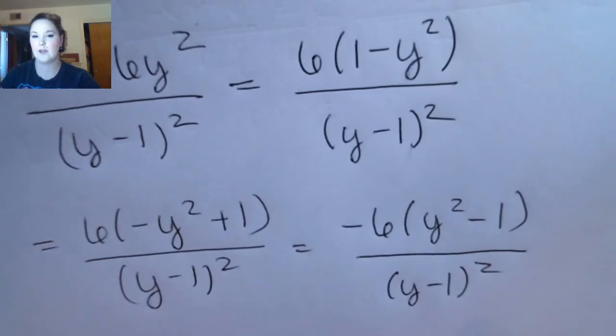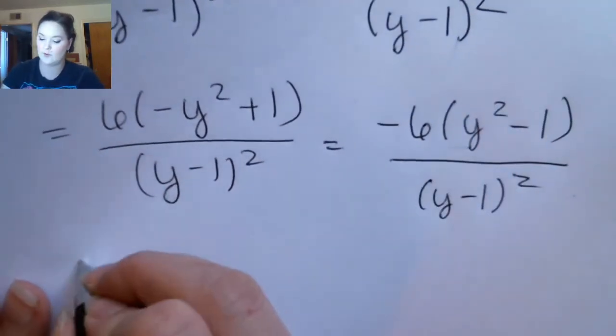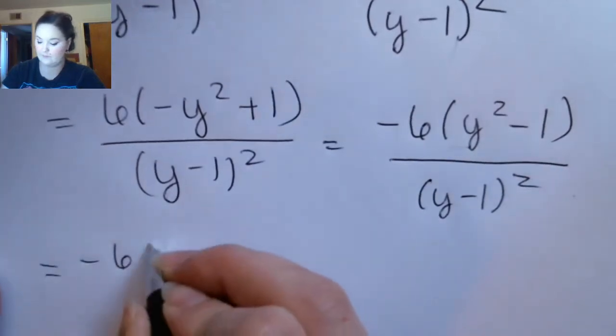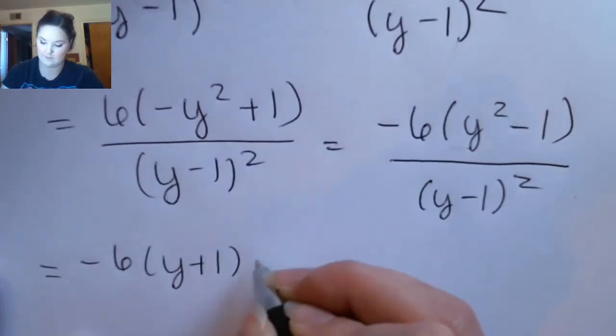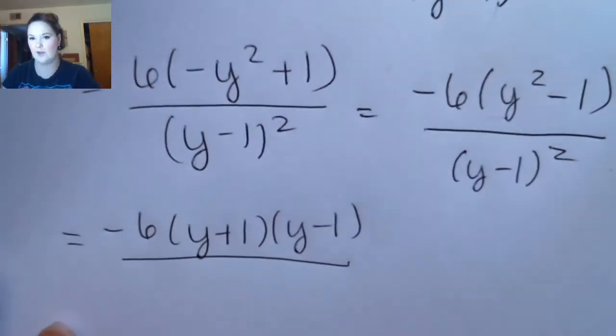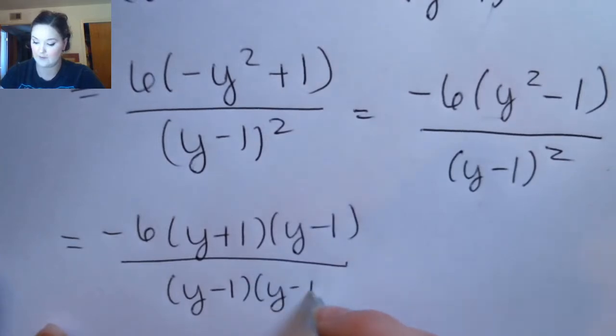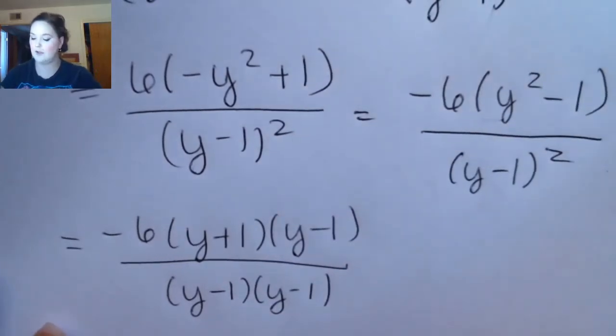And now I can finally finish factoring the numerator because this is the difference of squares. And I'm going to write the denominator out in factored form just so we can see what's happening. You don't have to do that, but you can.